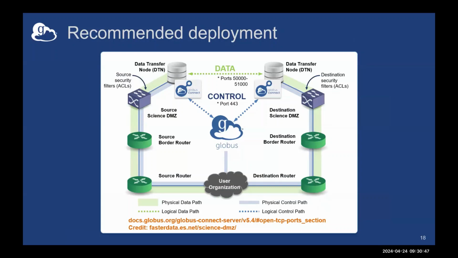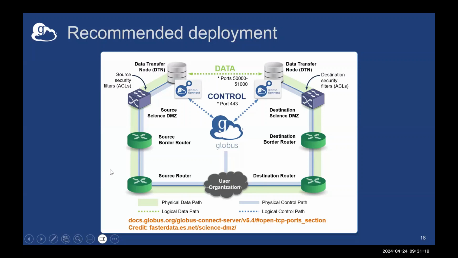For recommended deployment, we highly preach and suggest using the Science DMZ concept. So kind of separate the research network from the commodity network. That creates a friction-free flow of data. And again, this diagram shows the typical structure.